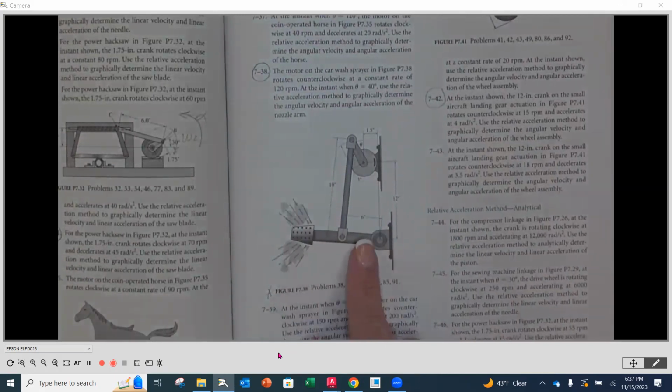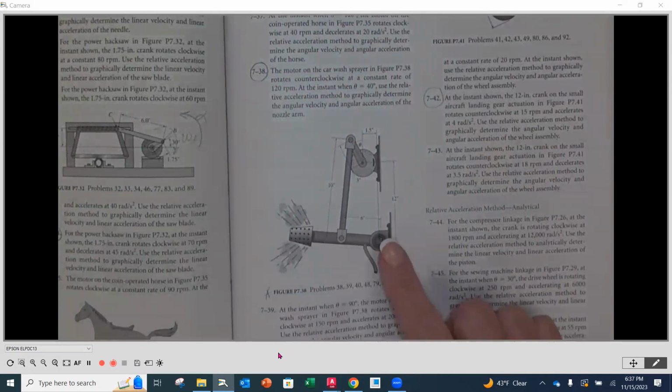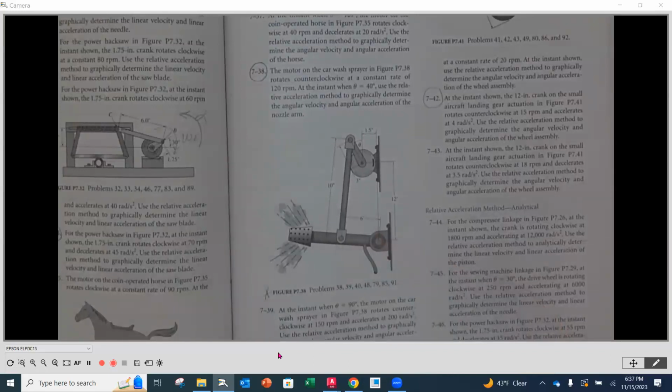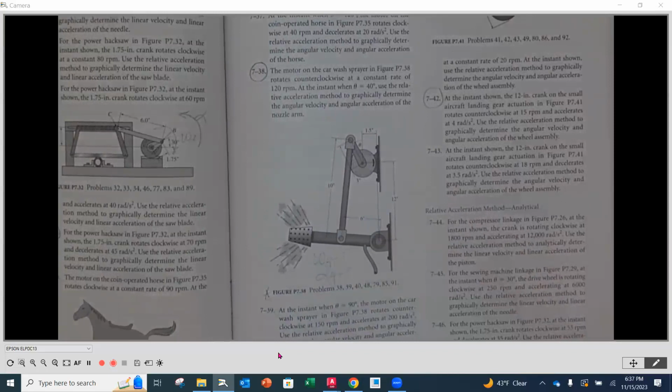So this nozzle arm right here is pivoting or rocking around its center of rotation here. So it's going to be rocking back and forth. So they want to know what is W4 and what is alpha 4. That's what we want to know.